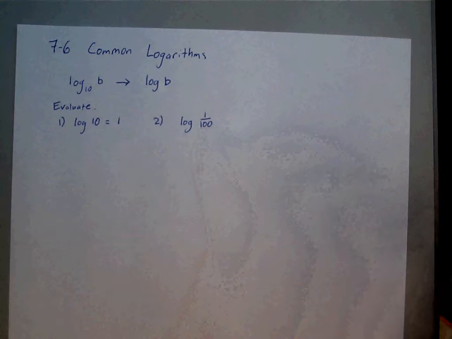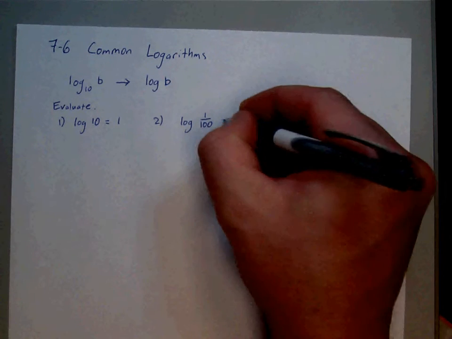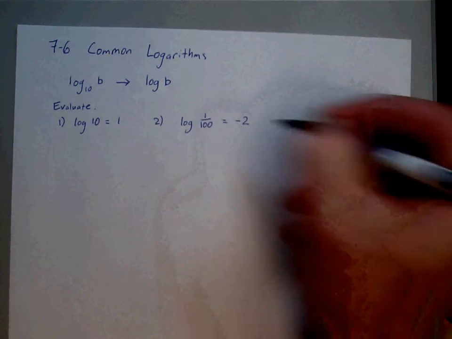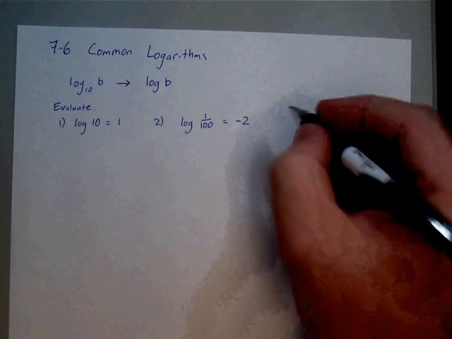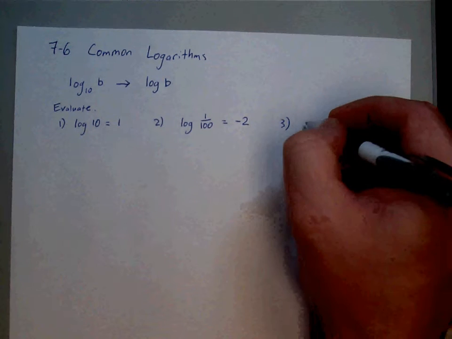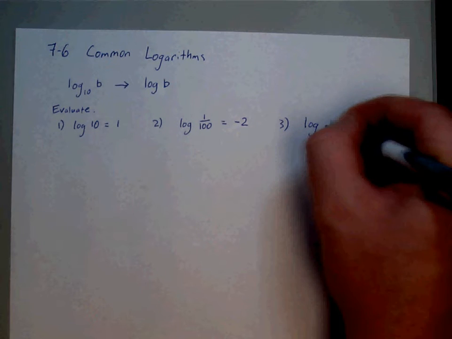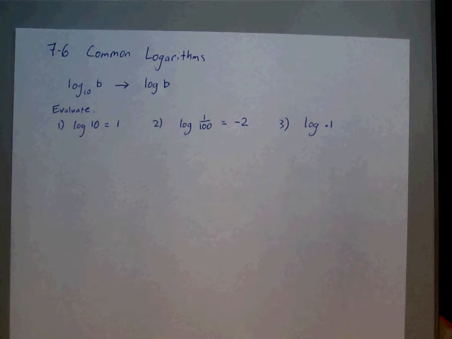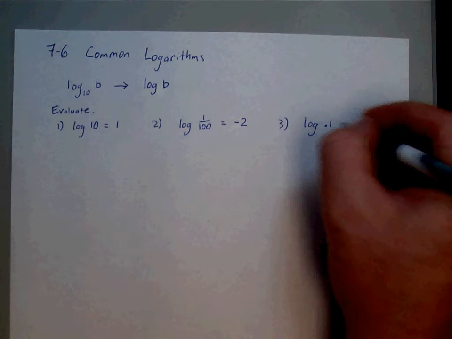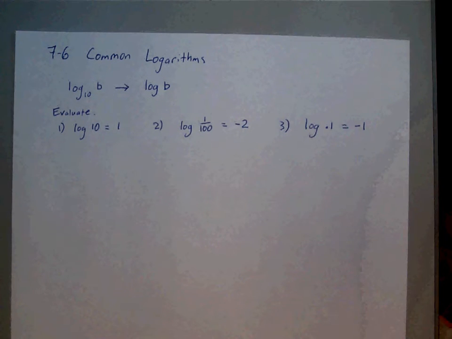Well, 100 is 10 squared, but it's also in the denominator, so the exponent would have to be a negative 2. Log of 0.1, well, that would be 1/10. So we can take a decimal, make it a fraction, 1/10, and so that would mean the 10 had to go to the denominator, so it's just a negative 1.